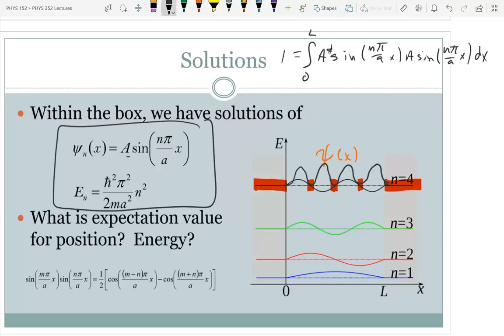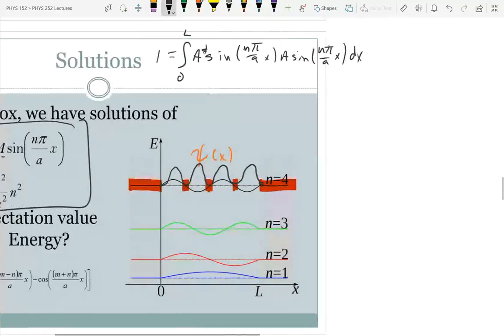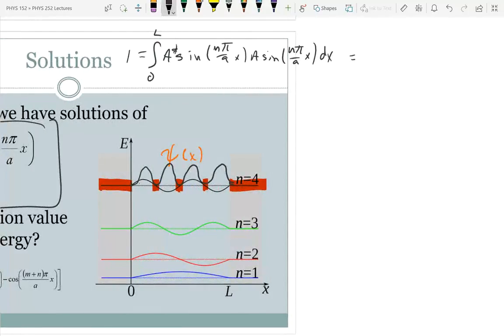And we set that equal to 1. And what that gave us was 1 is equal to A mod squared over 2.